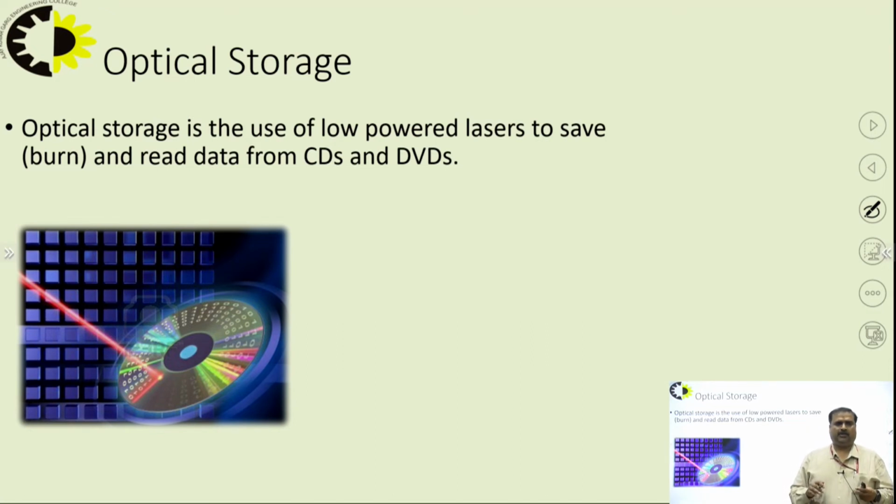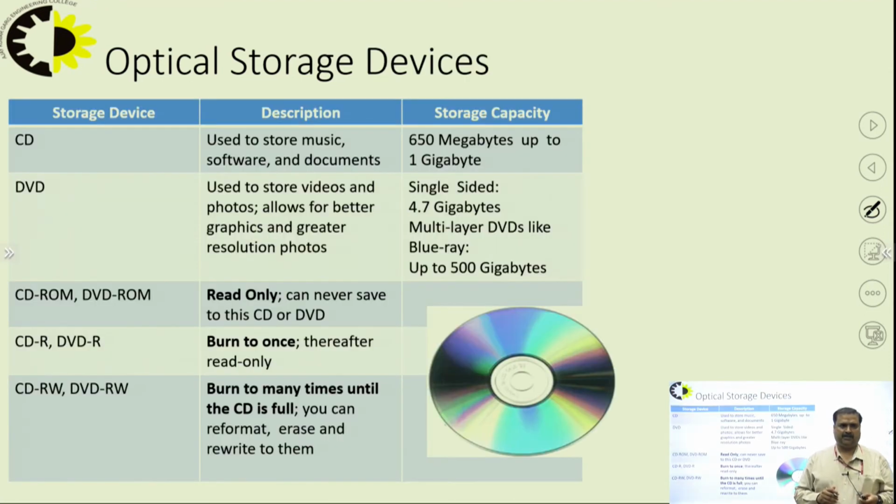So these compact disks are exposed to these low powered lasers. That's why sometimes we say that we have burned the data onto these disks. The capacity of these CDs and DVDs are different. Like the CD is generally used to store music and some software or some documents.